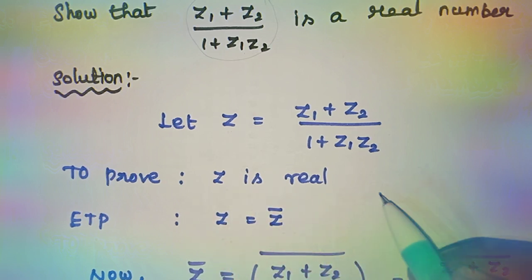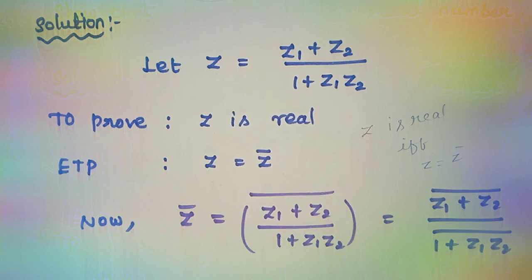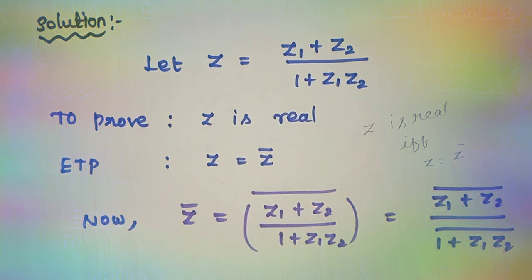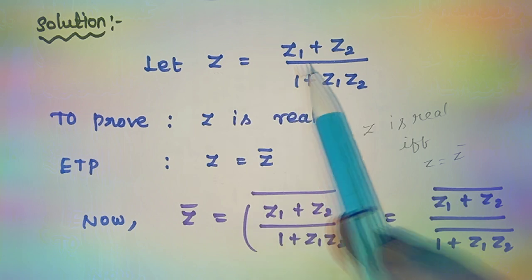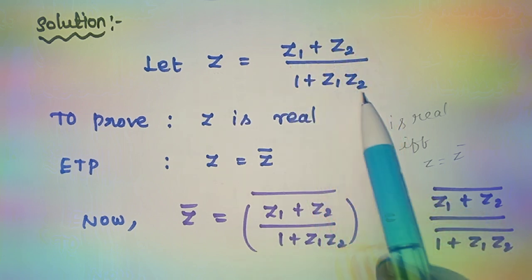Just apply this property: z is real if and only if z equals z bar. So we have to use this property, and it is enough to prove z equals z bar. Now z bar equals z1 plus z2 by 1 plus z1 z2 the whole bar.